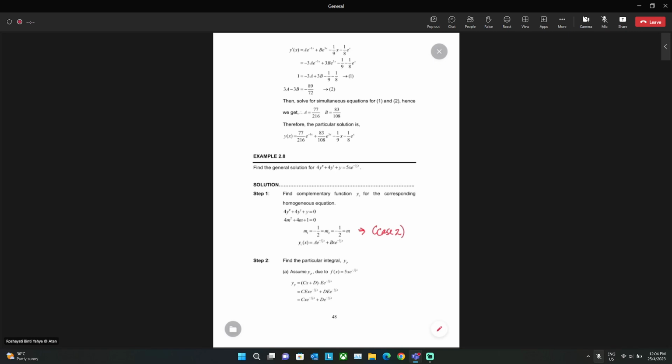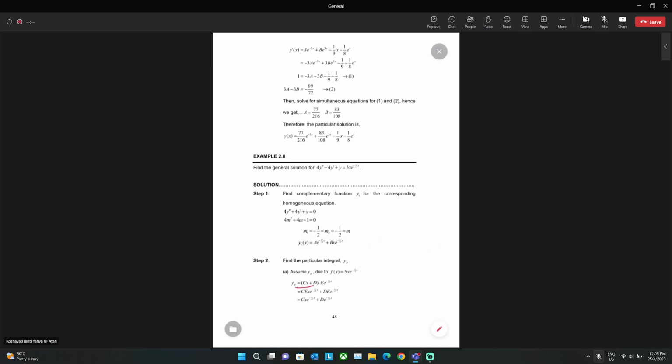So yc must be in the form of a exponential m1x plus b x exponential m2x. Then the second one, the particular integral yp. So assume yp due to fx equal to 5x exponential negative half x.